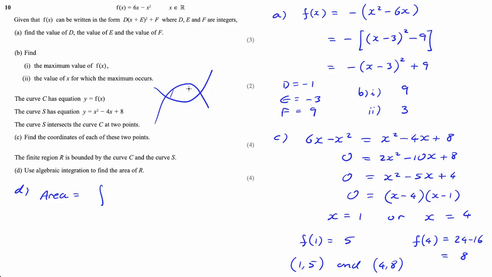So we'll do this 6x minus x squared minus this one, x squared minus 4x plus 8 dx at the end, big bracket, I guess. And then the limits are actually the x coordinates of the intersection points. So it's 1 and 4. So that's the integral that we're going to do.